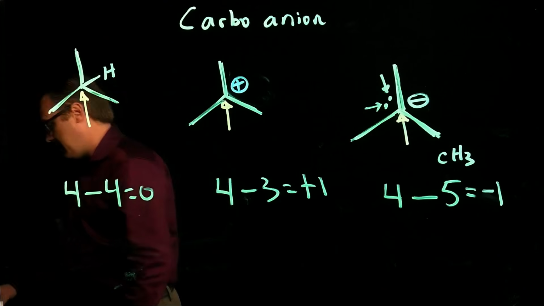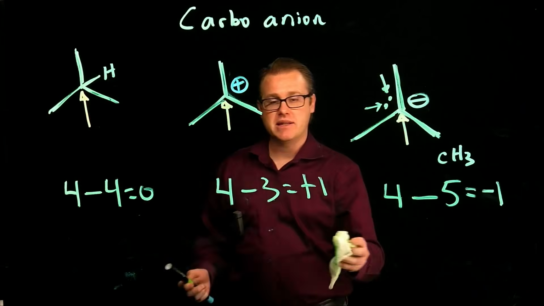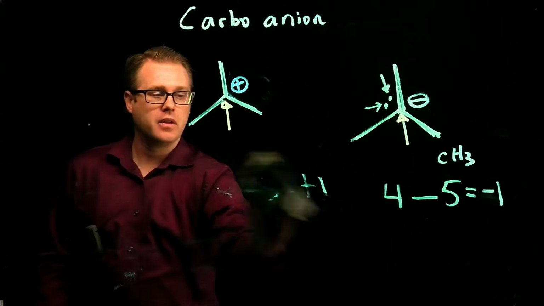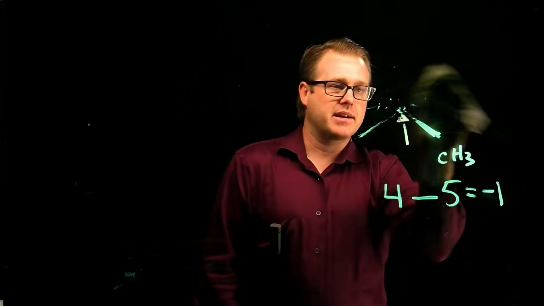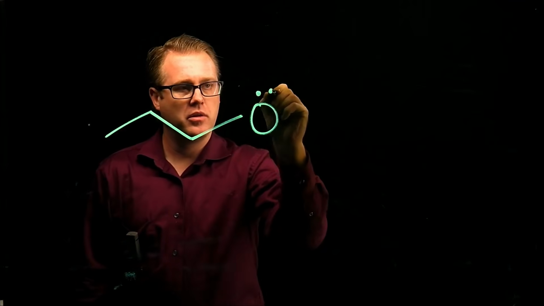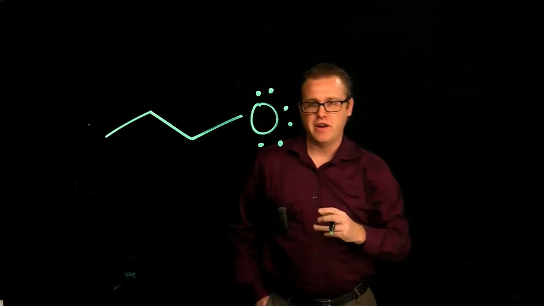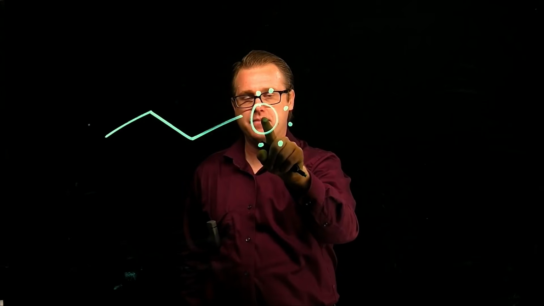So with that, let's apply this principle to something else other than carbon. So let's draw an alkoxide. Well, something that looks like this. What I want to figure out is what is the formal charge of this oxygen atom?